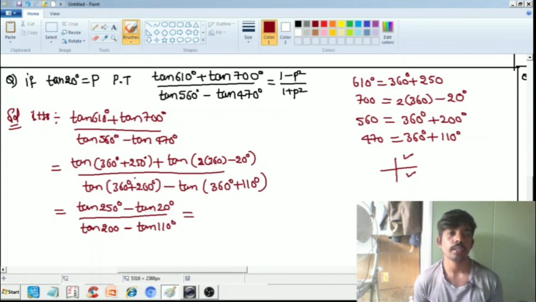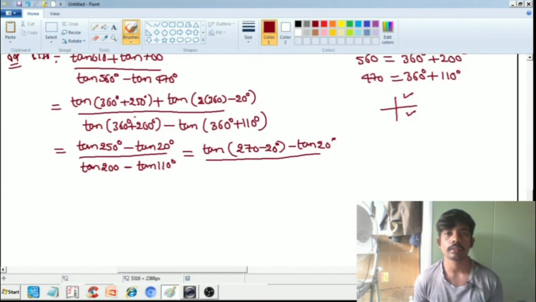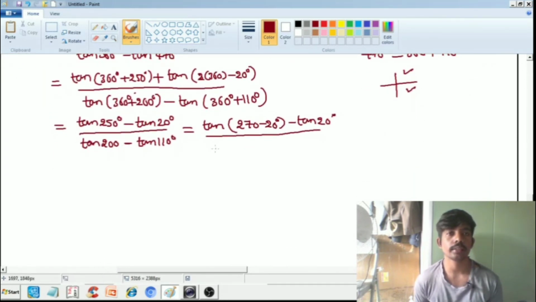Again, tan of 250 can be written as 270 minus 20 degrees, minus tan 20 degrees, by tan of 180 plus 20 degrees minus tan of 90 plus 20 degrees.